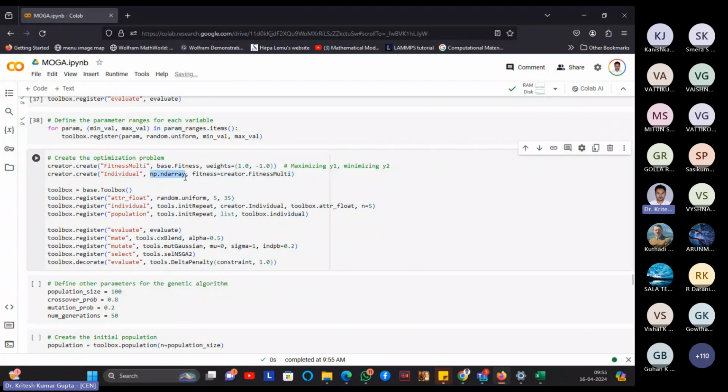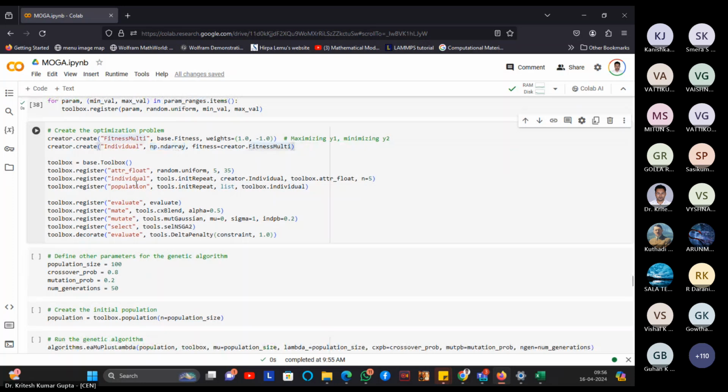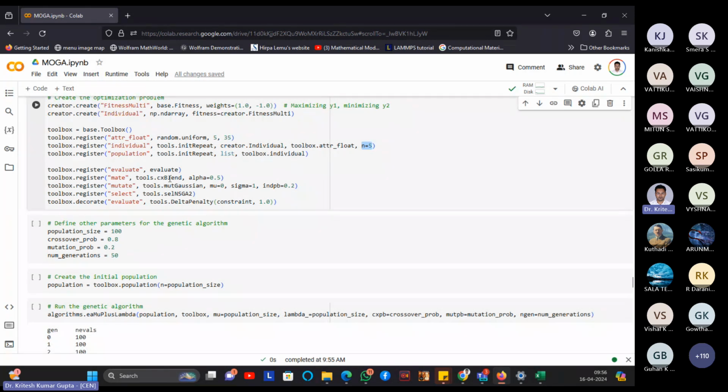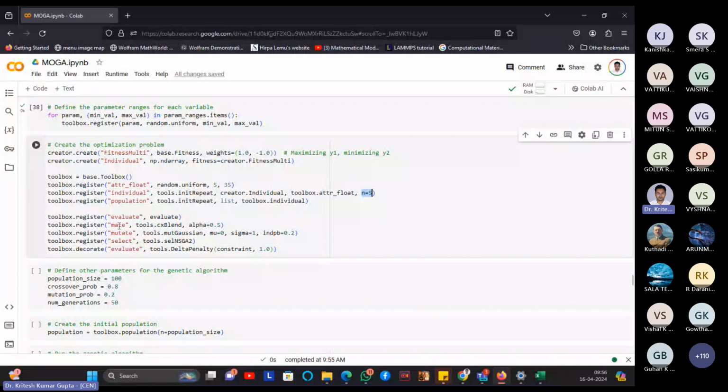So there will be an array based on numpy. We have 5 different individuals over here, and this individual will vary and repeat. There are certain values I would like you to explore on your own. Just explore this particular portion.